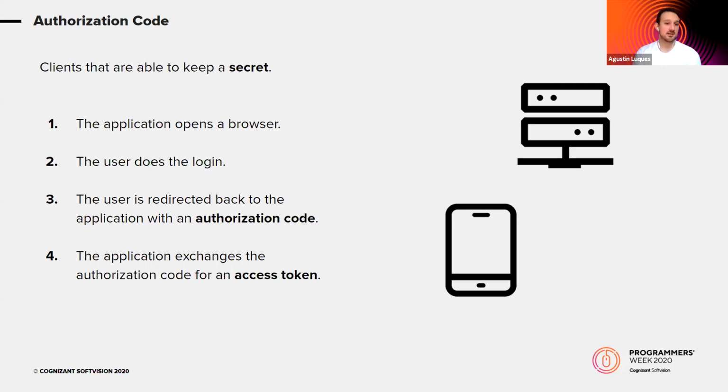As you can see in the first high-level step, the application opens a browser. This grant type differs from most of the other grant types because it has an initial authorization request, as Mariana told us about, the authorization endpoint, where the user authenticates and authorizes our application.